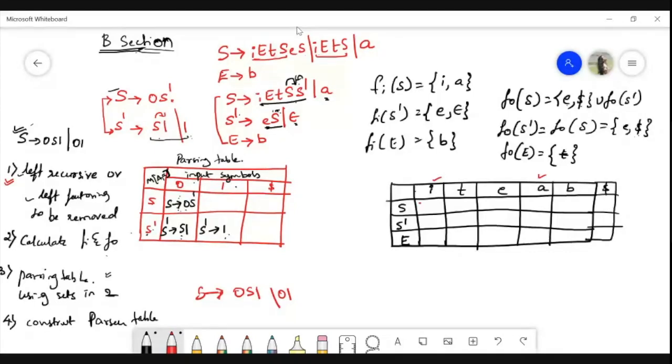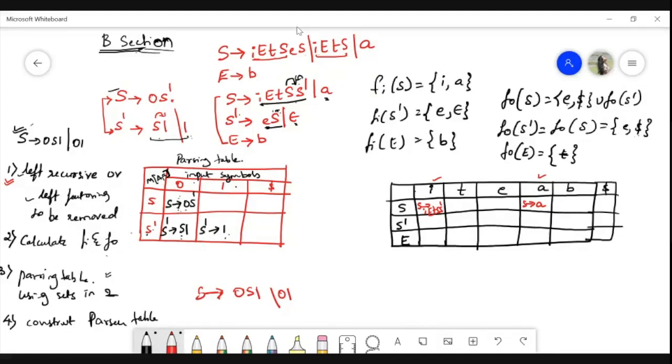S derives I E T S S dash. And for A, S derives A. My table has become very tiny.